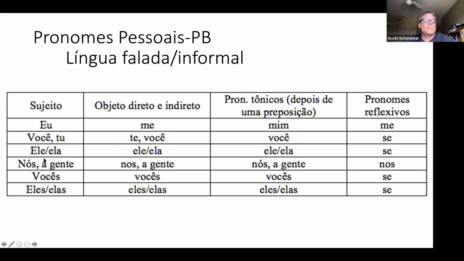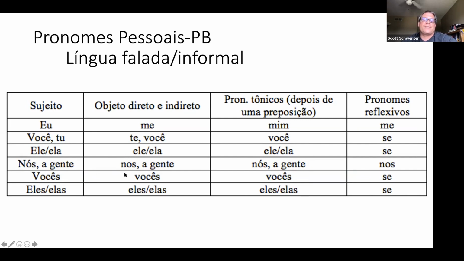But so you can see, for example, for subject, you have this word, which is pronounced nos or nois, depending on where you're from. And then it looks like this is the same word, but it doesn't have an accent on it because it's a clitic pronoun. So it can't be stressed.